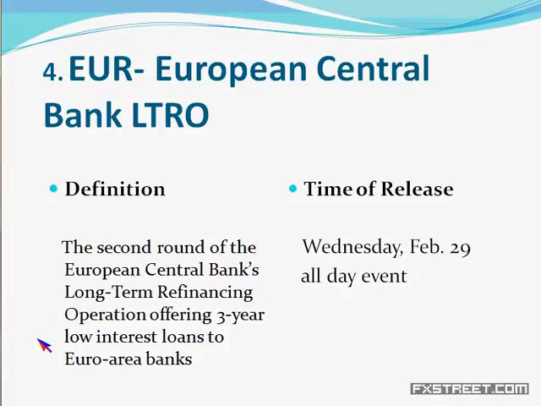And it's offered in unlimited quantities to European banks. In other words, the banks are welcome to request as many funds as they would like from the European Central Bank, and the European Central Bank is willing to loan them those funds at a record low interest rate of only 1% for 3 years.